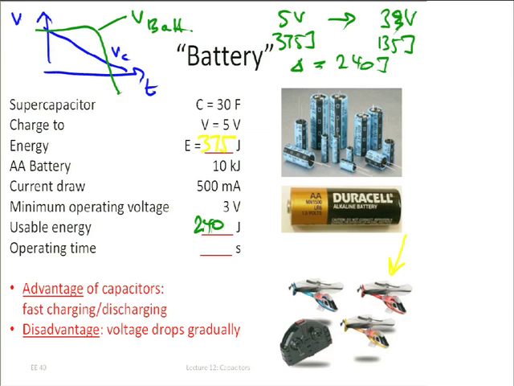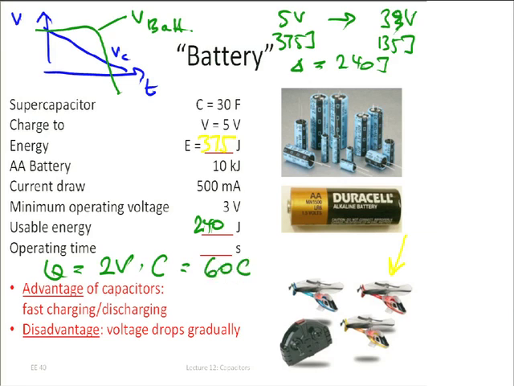So the charge is equal to the voltage, that's 2 volts that we are dropping, times the capacitance. So that is actually 60 Coulomb.